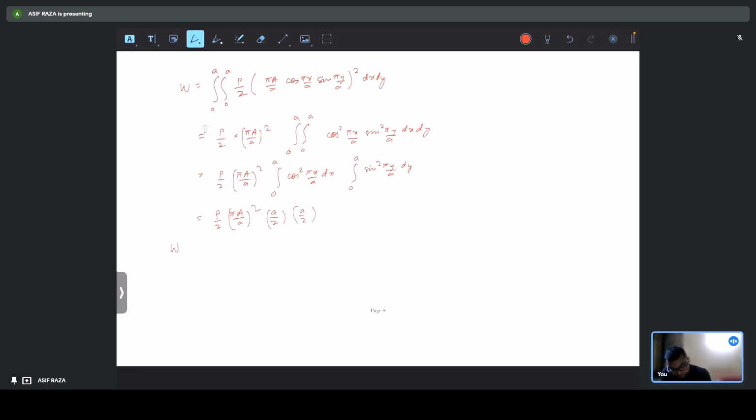So finally my work done by the compressive load P would be given by the expression W equals P pi square A square upon 8.